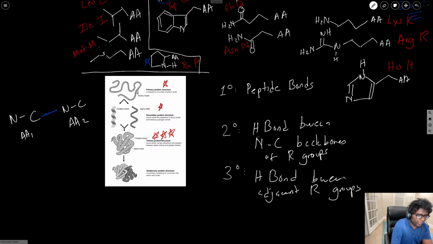So the backbones in the secondary bonding will be from here to here. That's forming the structure right here. You'll see it in more detailed diagrams, you probably have. But with the tertiary structure for folding and all that, it's adjacent side chains.